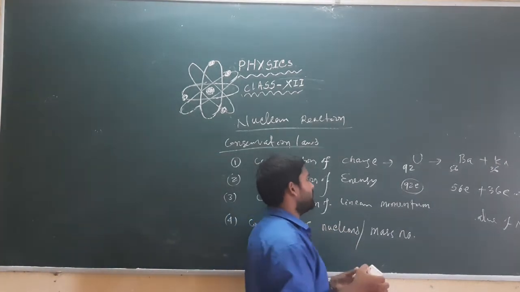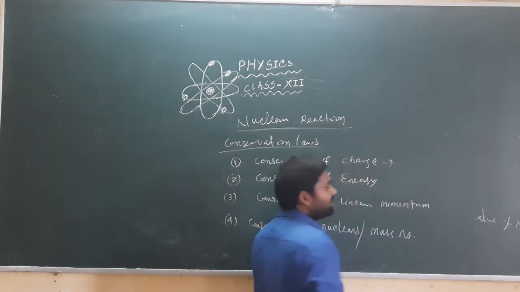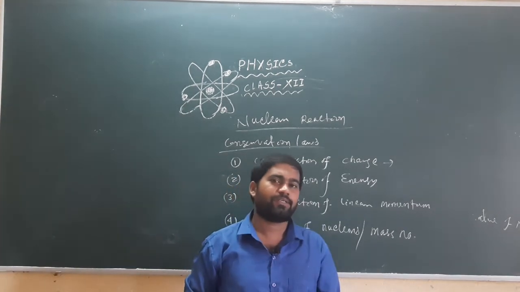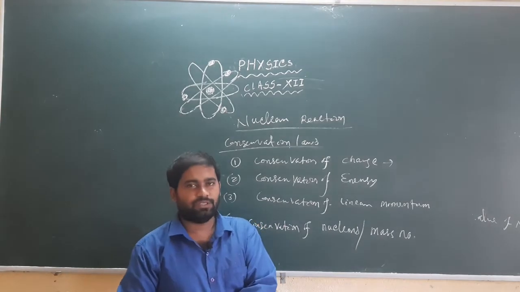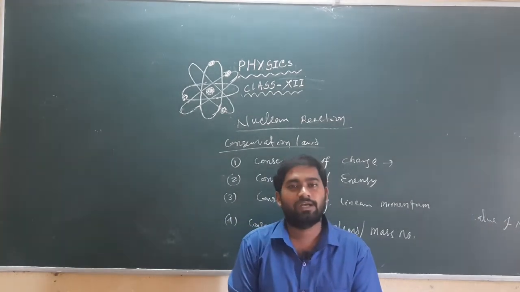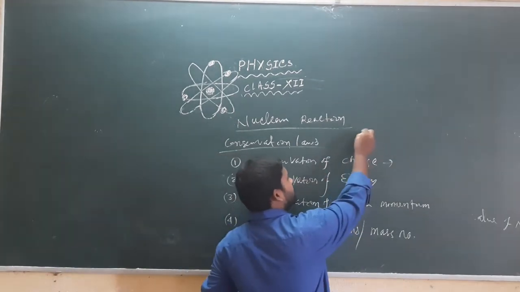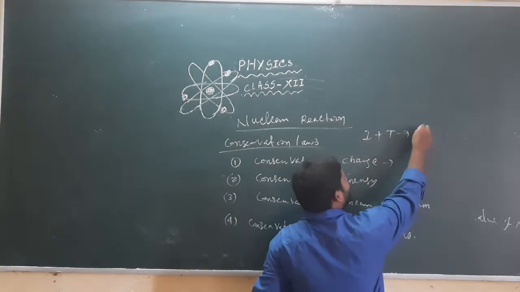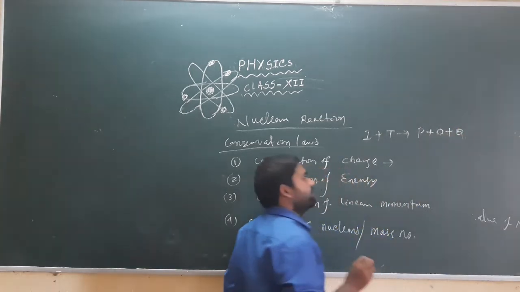Second, the conservation of energy. That means the energy before reaction is equal to the energy after reaction. As we write the nuclear reaction scheme: incident plus target goes to product plus outgoing plus some Q value.